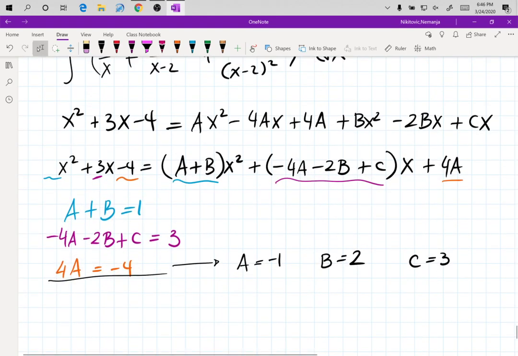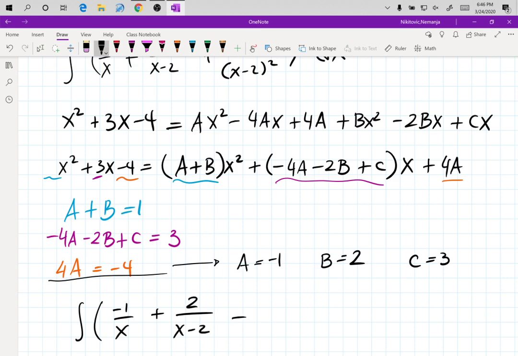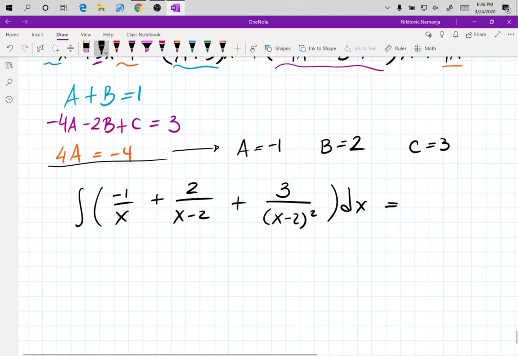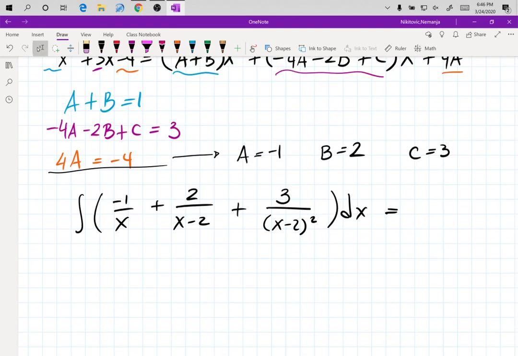We're going to set up now the integral of negative 1 over x plus 2 over x minus 2 plus 3 over x minus 2 squared dx. And that one requires a u sub, right? u equals x minus 2, du equals dx.